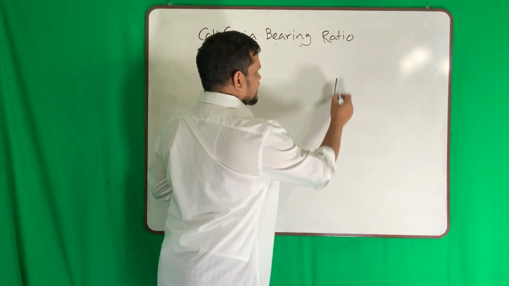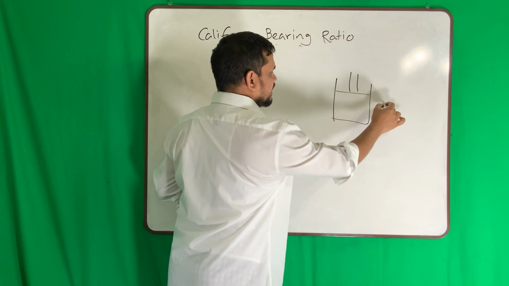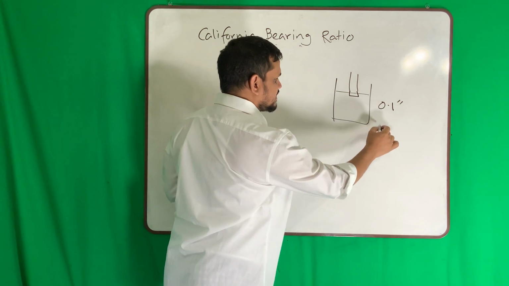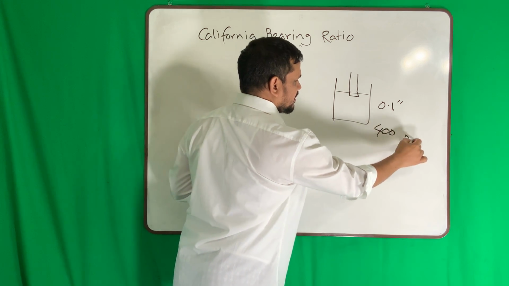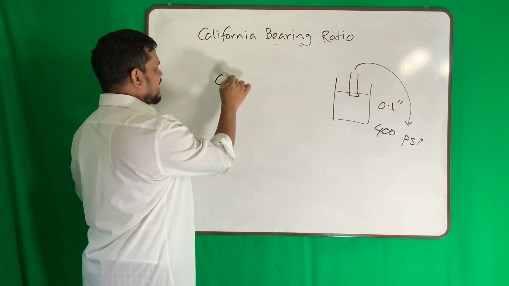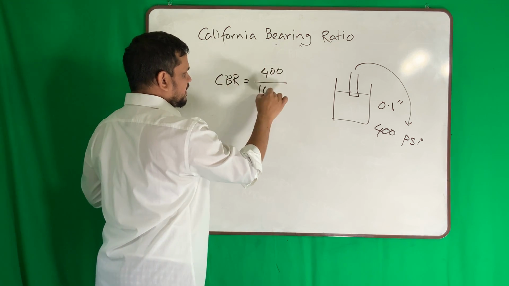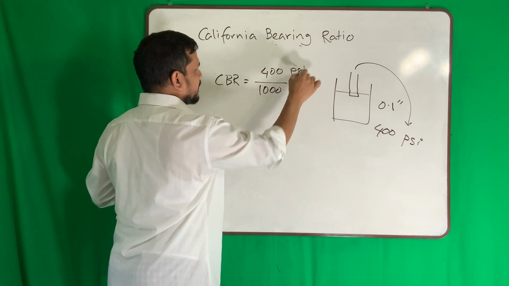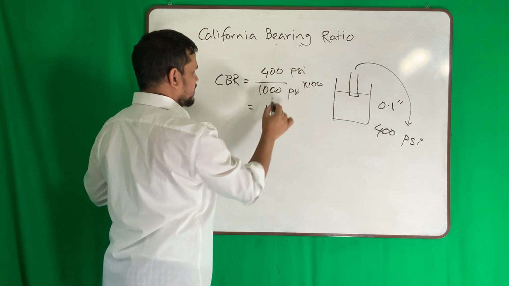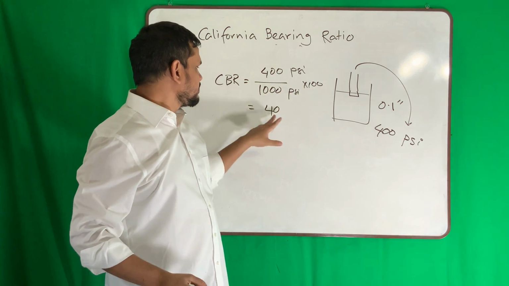Say I took a sample in a mold, brought the piston and did 0.1 inch penetration, and I measured 400 psi. Then my California bearing ratio will be 400 divided by 1000 times 100, that means 40. The California bearing ratio of this soil is 40.